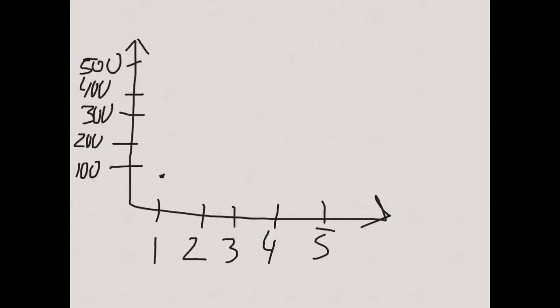And let's say one TV costs $500. When you buy 2 of them, you get a discount, and it's $450. You buy 3 of them, it's say $400. 4 of them is $350. But when you buy 5 TVs, it costs $100.